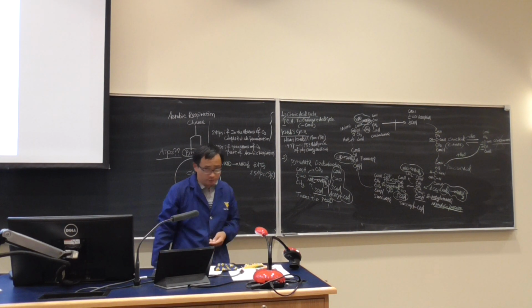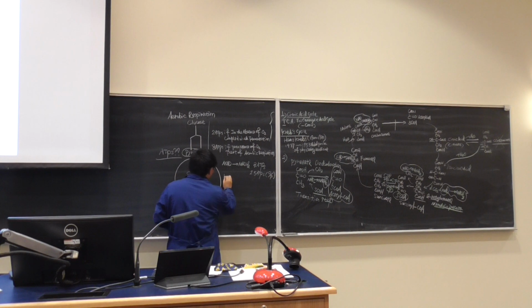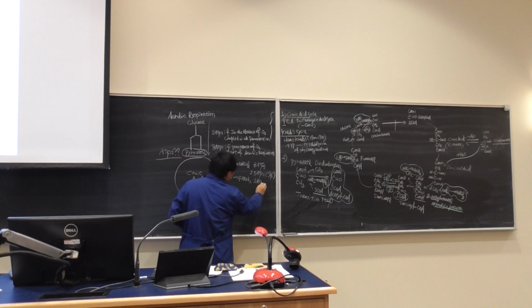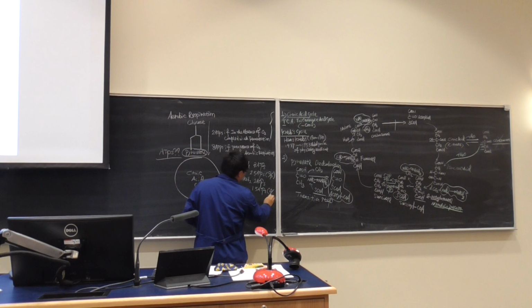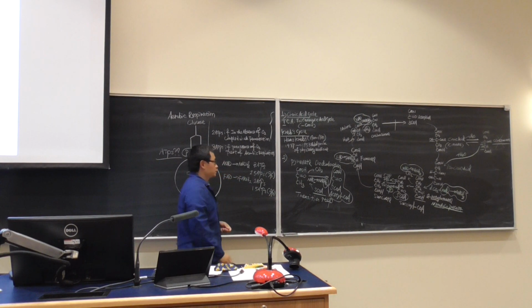That's okay if you want to calculate like that. And FAD reduced to FADH2, we say generates 2 ATPs. In your textbook, it is 1.5 ATPs in biochemistry class, also considering the oxygen phosphate ratio.